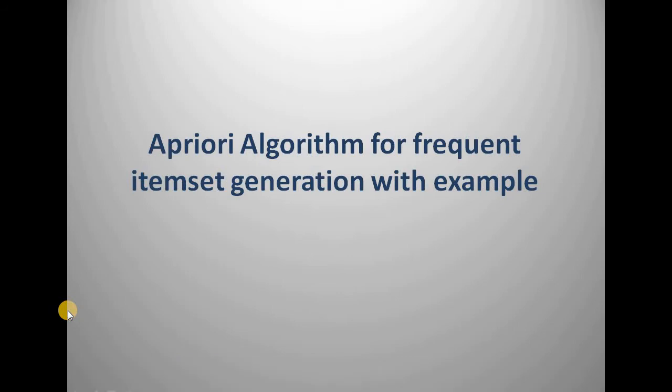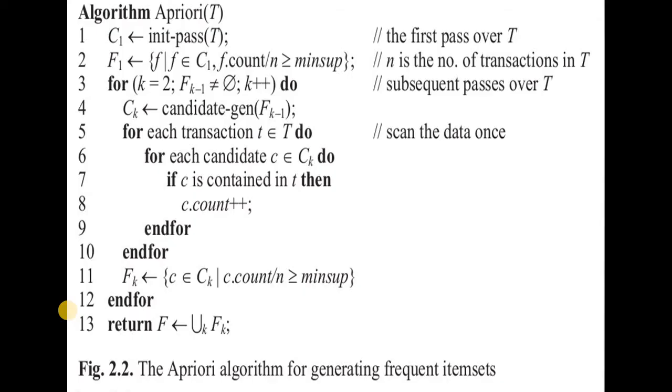This is the algorithm for frequent itemset generation, that is Apriori of T. Here the first step is C1, the initial pass of T, and F1, the first frequent itemset. So this is how the whole algorithm works. Let's get into detail.